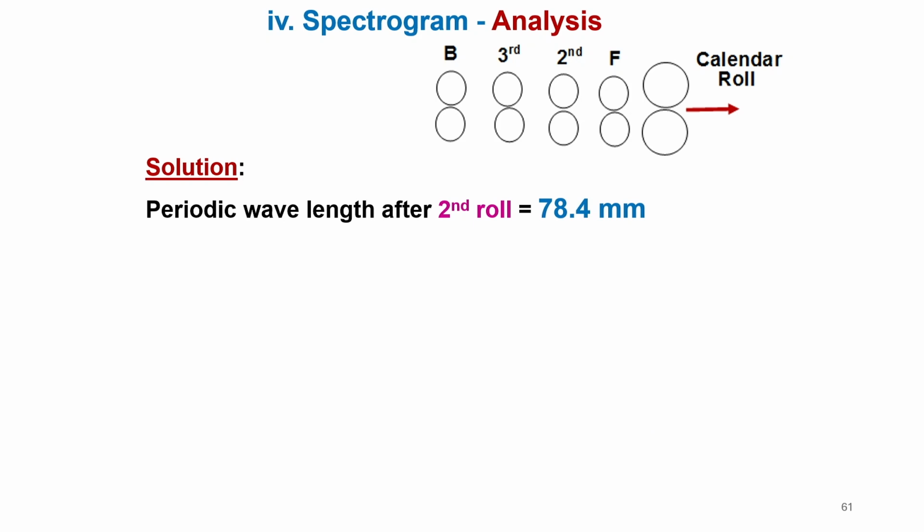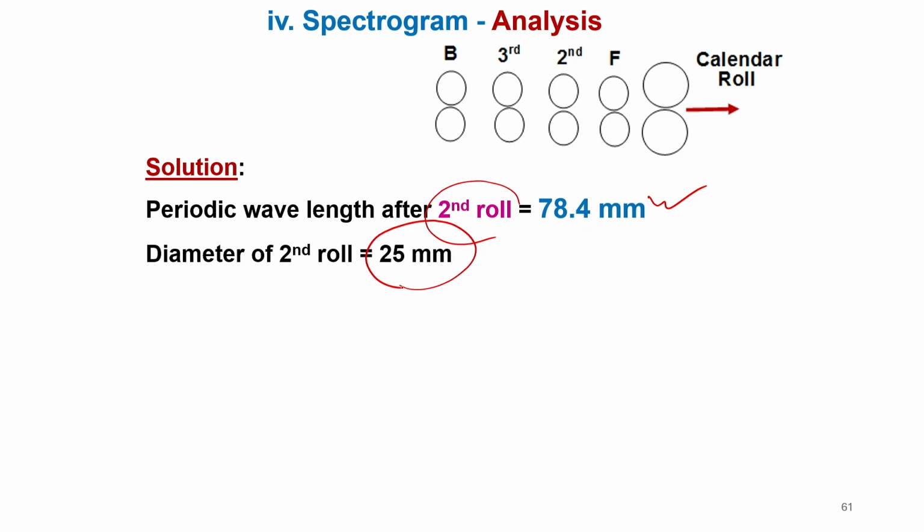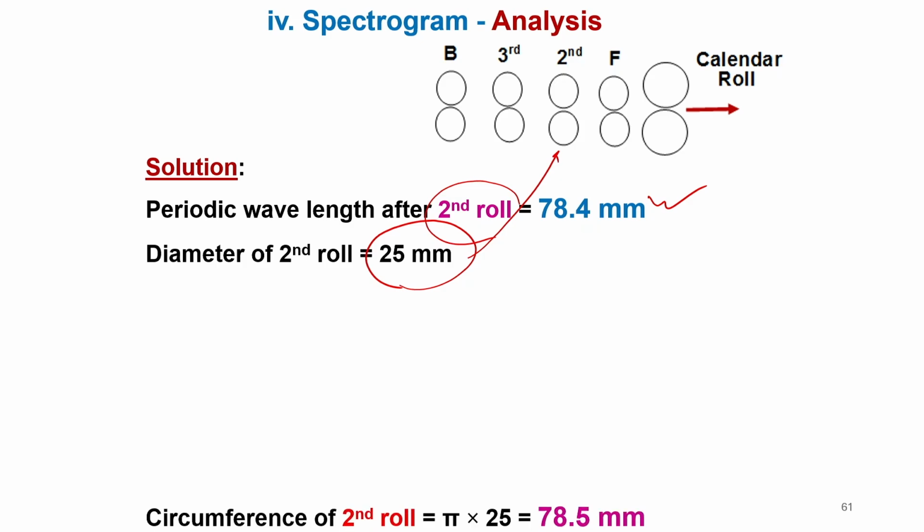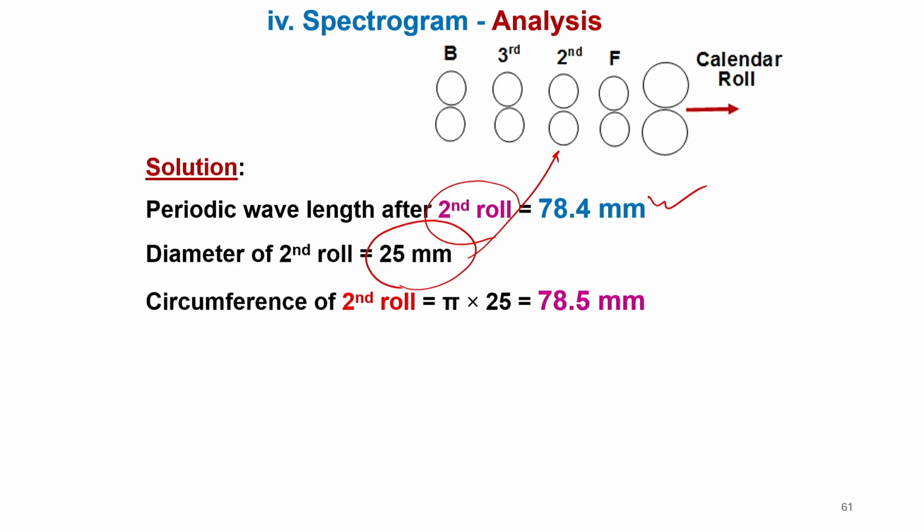The diameter of the second roller is 25 millimeter, so if we calculate the circumference of the second roller, we get 78.5, which is exactly matching with the wavelength generated.